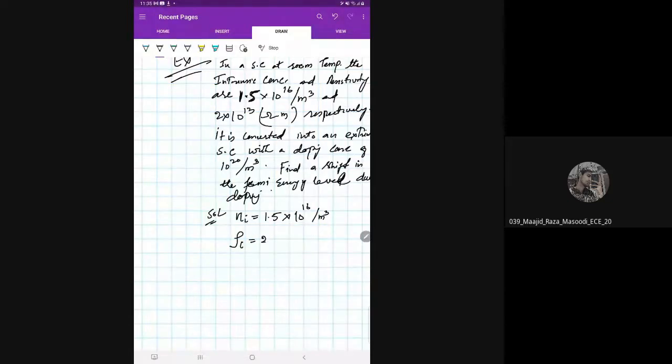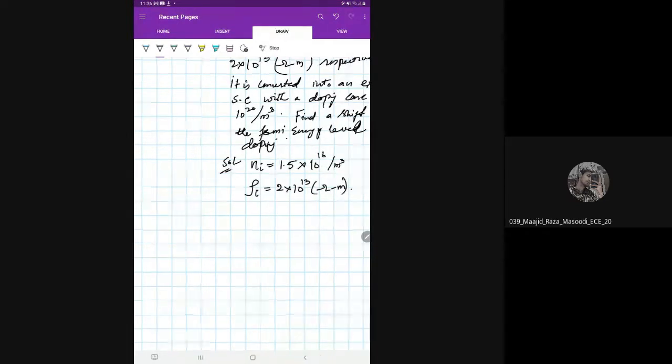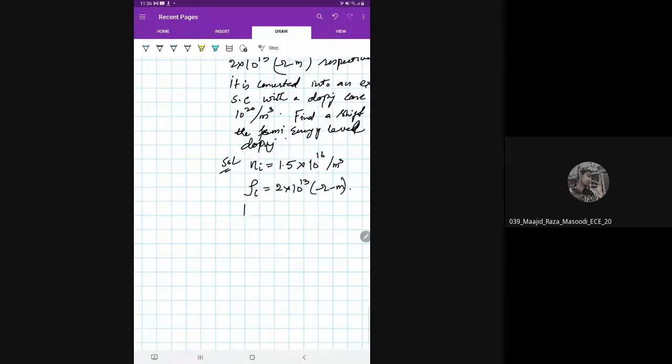It is 2 into 10 to the power 13 ohm meter. Roll number 33, you have to show me your copy after some time, once I complete this. Then you have the doping concentration, which is 10 to the power 20 per meter cube.